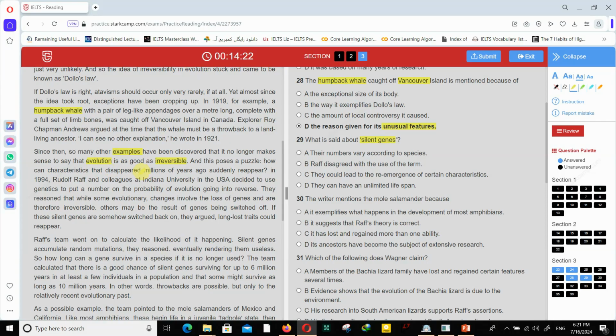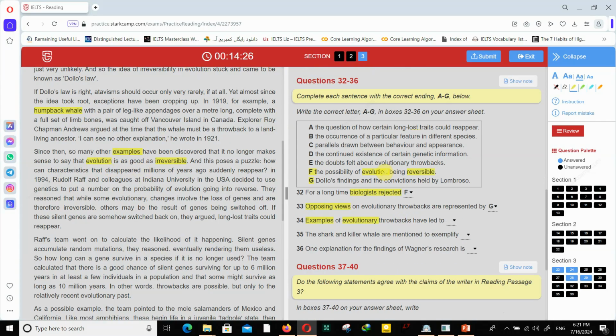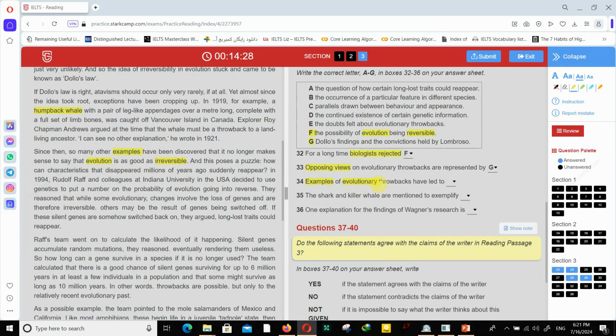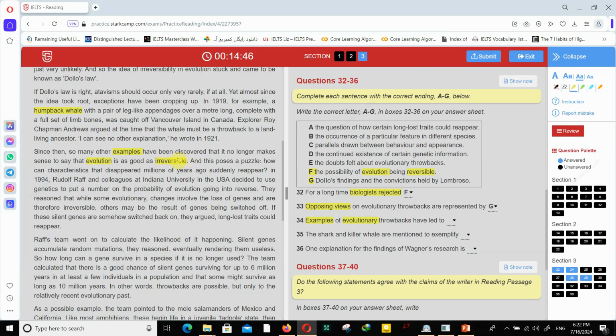So, examples of evolutionary throwback have led to, let me just continue the passage, and this poses a puzzle.